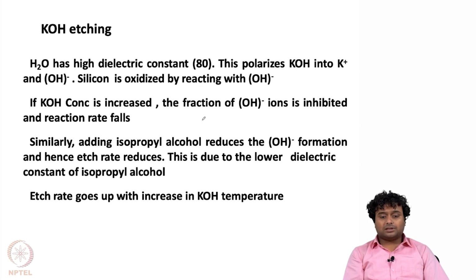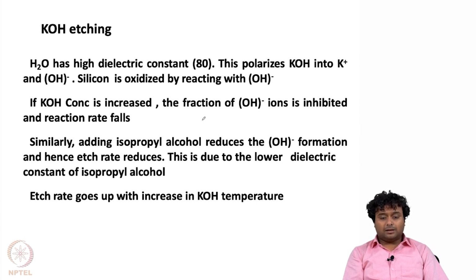If KOH concentration is increased, the fraction of OH minus is inhibited and the reaction rate falls, because with a smaller concentration we get more ions, whereas if we add more and more KOH, then the K plus and OH minus ions will be fewer. So in that case the reaction rate will fall.